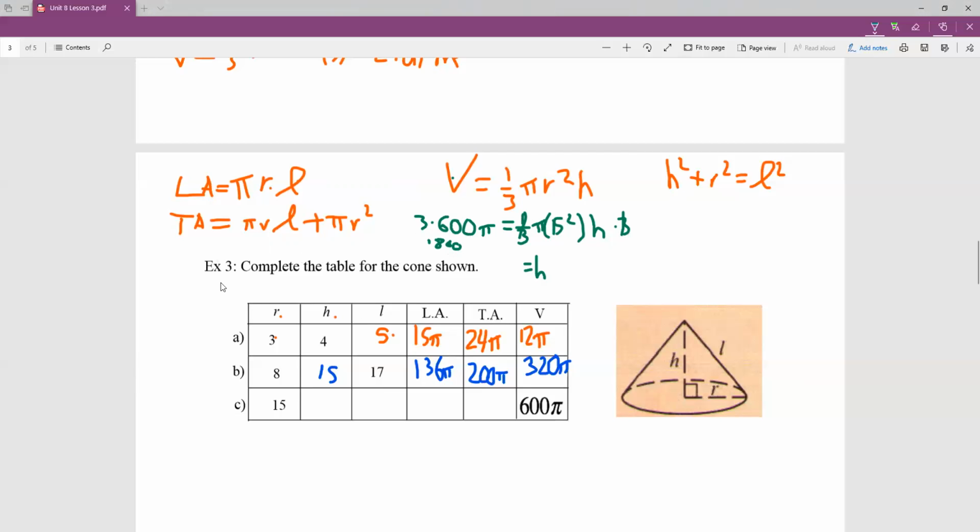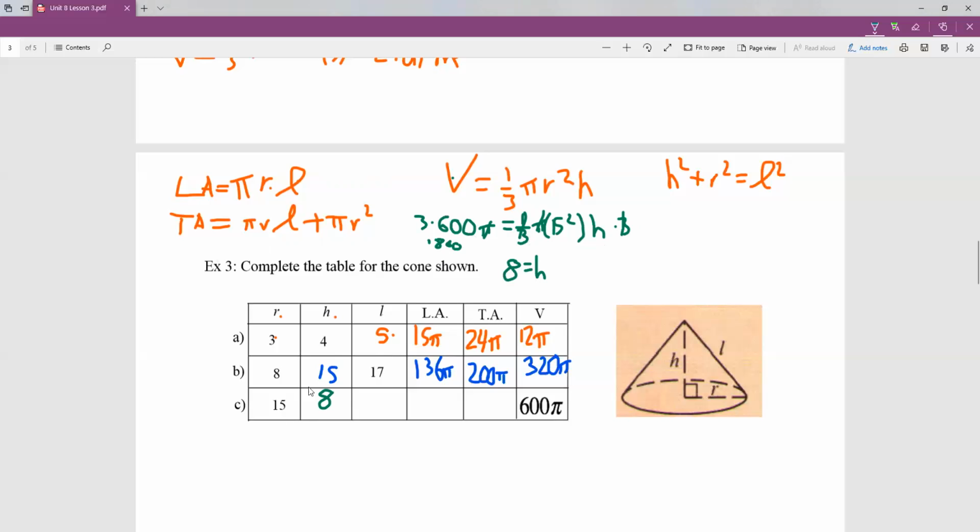Then 15 squared is 225. So we do 1,800 divided by 225, which is 8. Also divide both sides by pi, the pi's cancel out. So we get a height of 8.